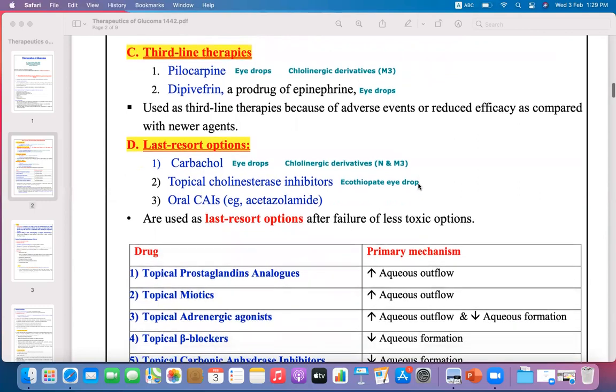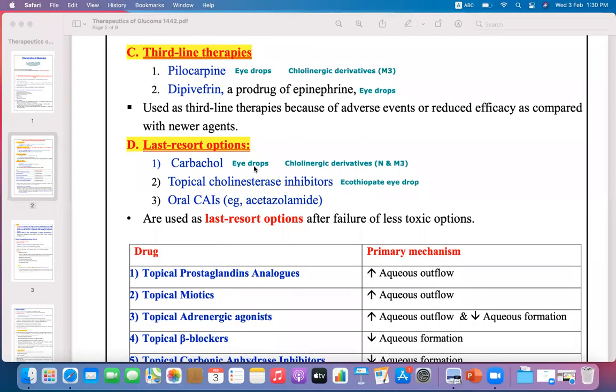And the last option, we can say the fourth line agent or last resort option, we can use carbachol. Carbachol is also a cholinergic drug, but it acts on muscarinic 3 as well as nicotinic receptors, and is available as an eye drop.